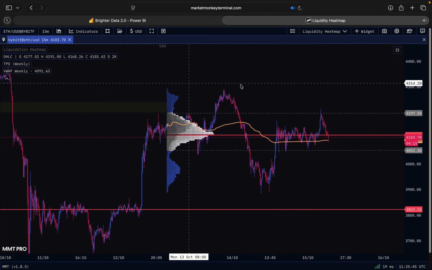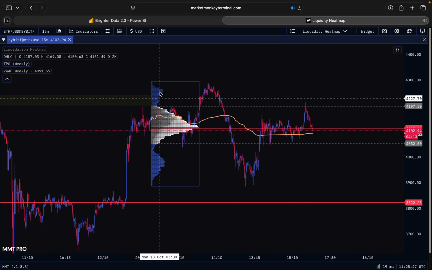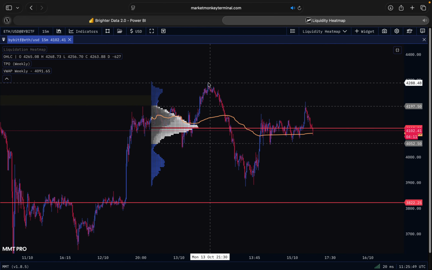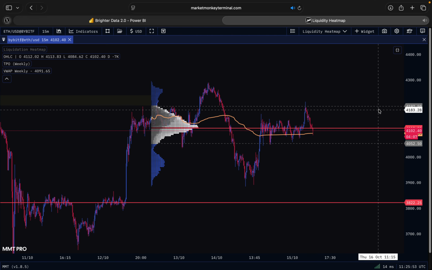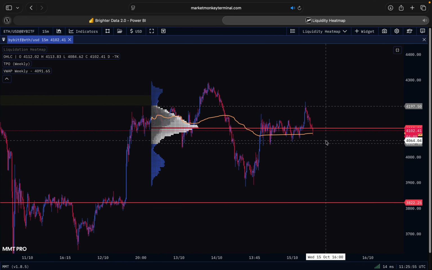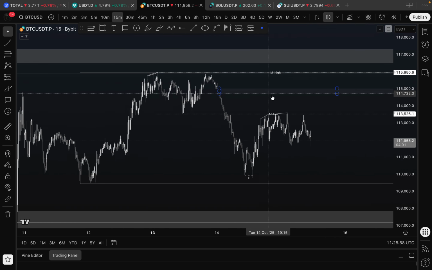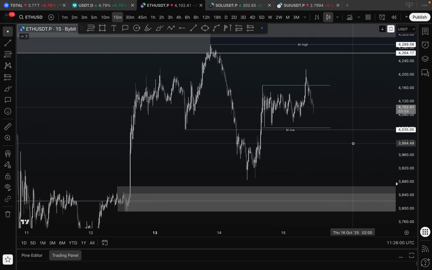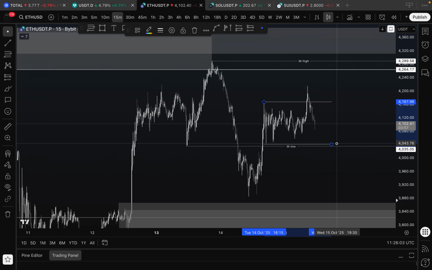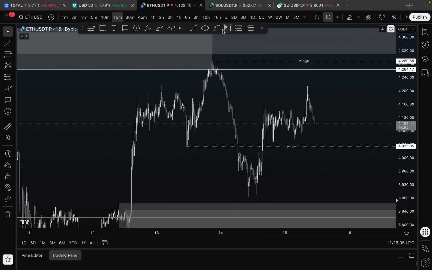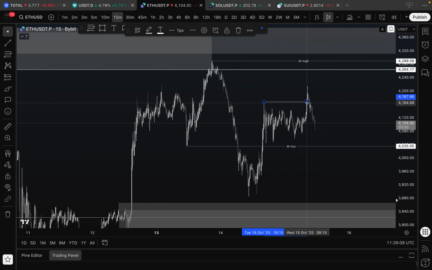Also, if we look here at the weekly profile, we have poor highs basically and poor lows, and right now we are building all that value in the middle of the range. So here you can expect a chop. So if we translate that into the normal chart, which is a bit easier to understand for most people, then basically, let me point this out as an SFP.